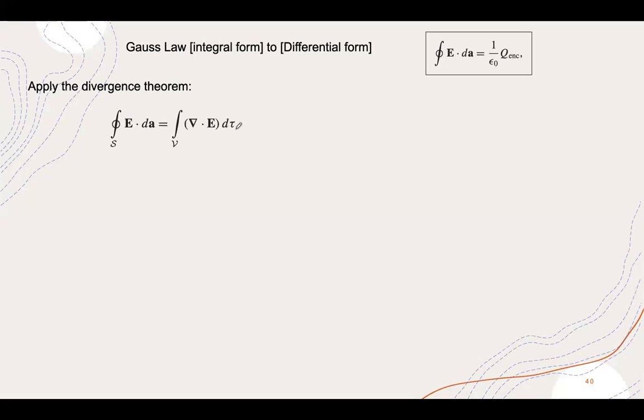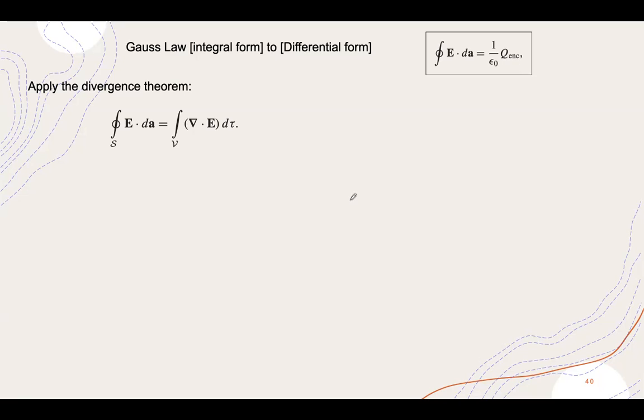It is just like d tau, the volume: dx times dy times dz in Cartesian coordinates, though in spherical polar coordinates it changes accordingly. This involves the divergence, delta dot E. So we know from the divergence theorem that the integral of this quantity can be written as the divergence of the electric field.